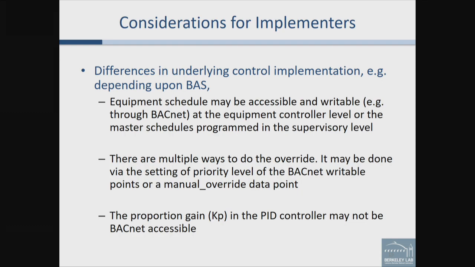But other buildings may change the priority level of the command. Level 7, a higher priority, is override, and level 8 shows the normal operation. So what we need to change is the setting of this priority level.